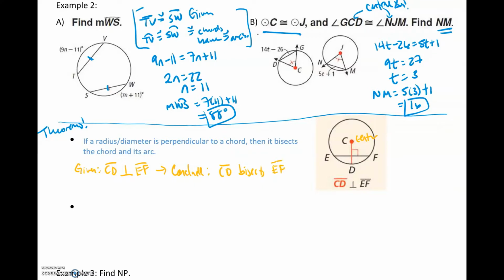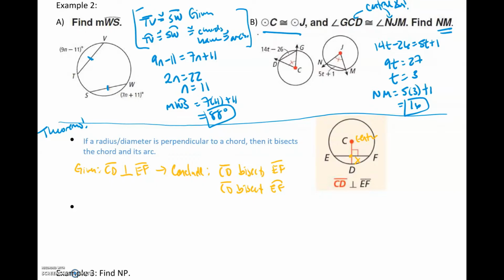If we have a point here, let's call this X, EX and FX are congruent by the definition of bisector. So we can add that in. That's one thing we know. And then we also know that CD is going to bisect the arc EF. So that's now telling us the arcs ED and FD are congruent by definition of bisector.